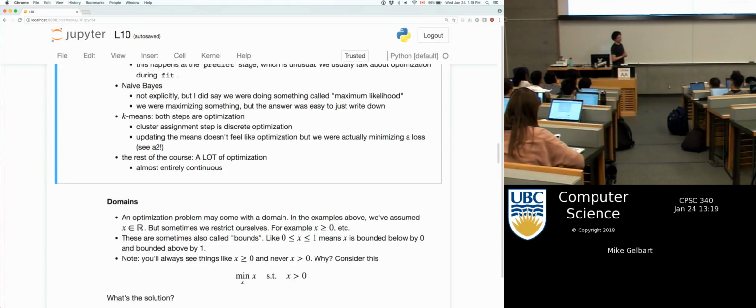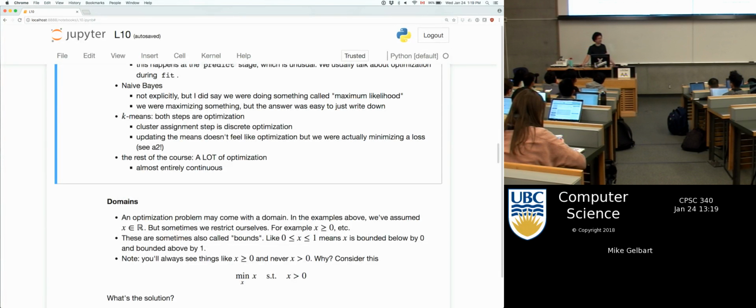So another thing to point out is different optimization problems have different domains. The domain is like the space you get to explore in order to try to minimize the thing.